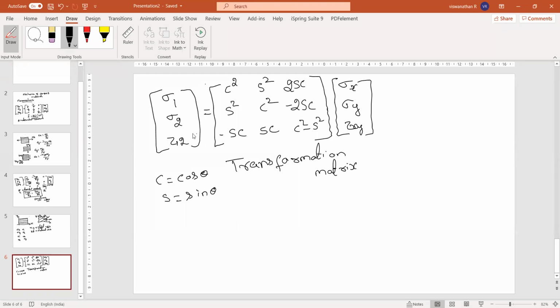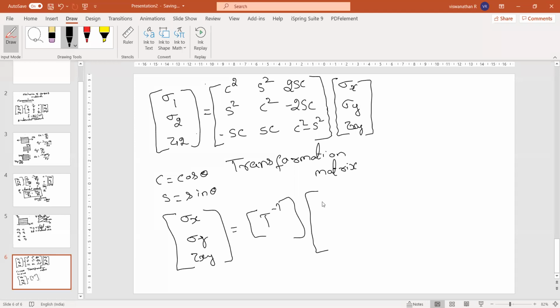Now, how do you find the reverse of this? If you want to find sigma x, sigma y, tau xy, then you take the inverse of this matrix and multiply with sigma 1, sigma 2 and tau 12.